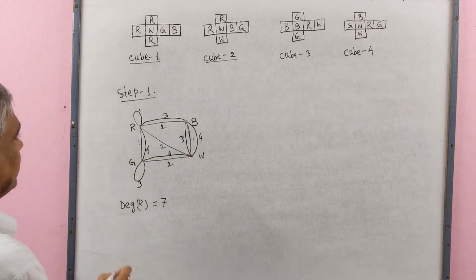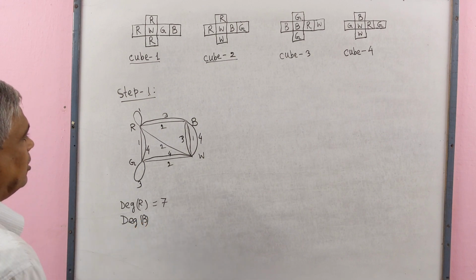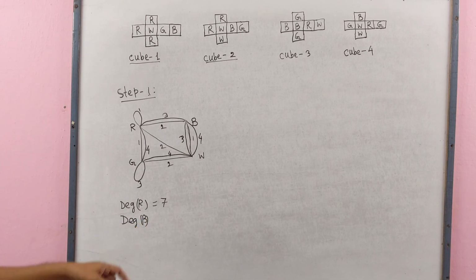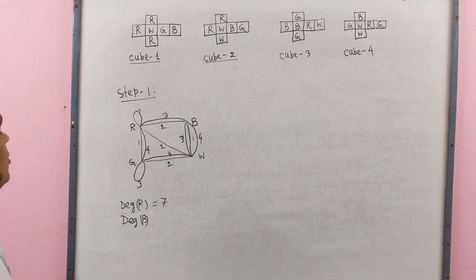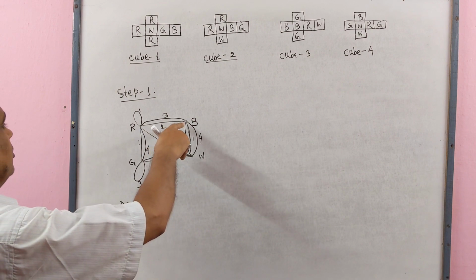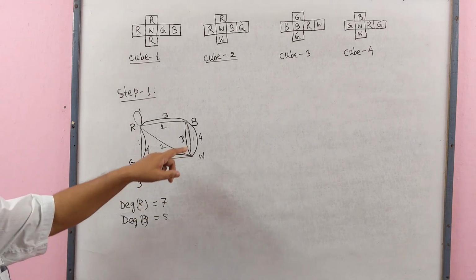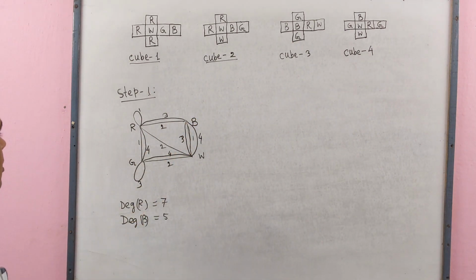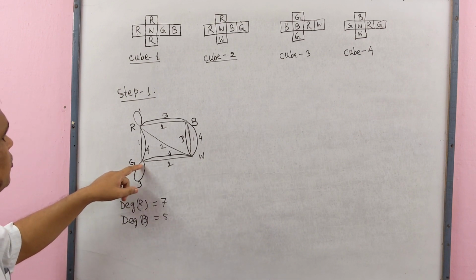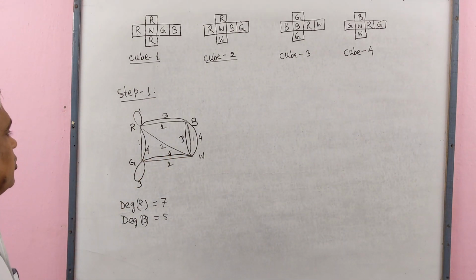Similarly, the degree of B is 5: 1, 2, 3, 4, 5. So 5 faces are of blue color. Similarly, we may take the degree of G and W. So our first step is complete.